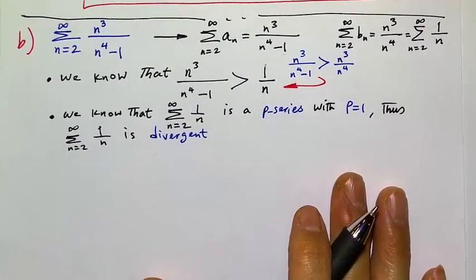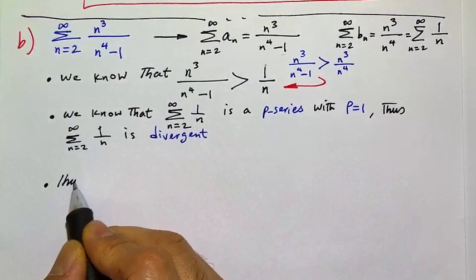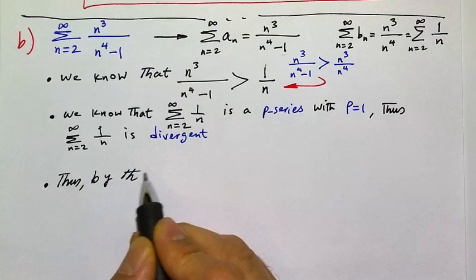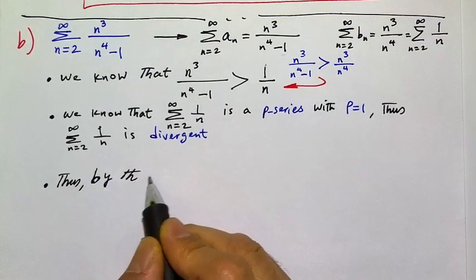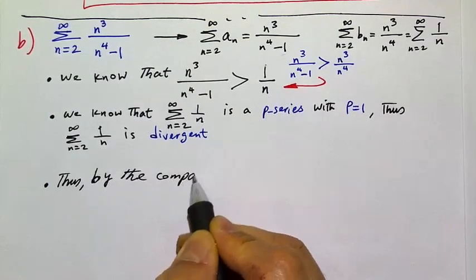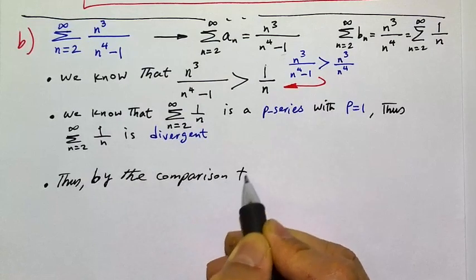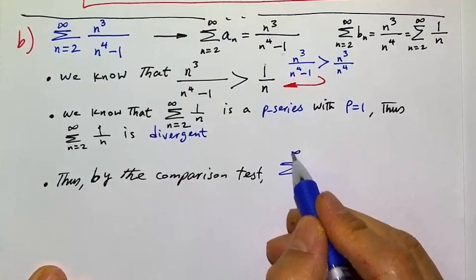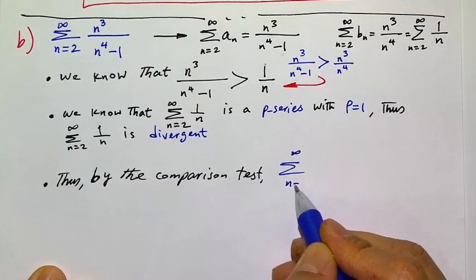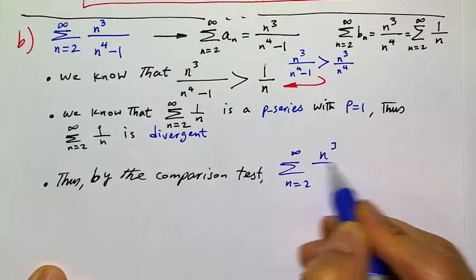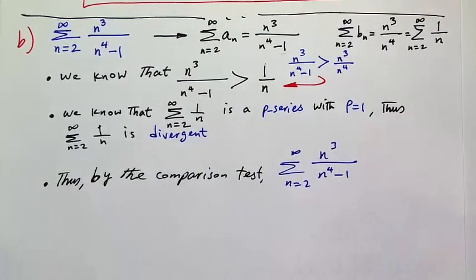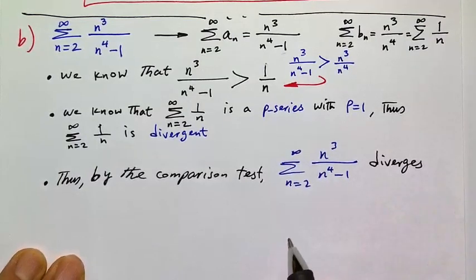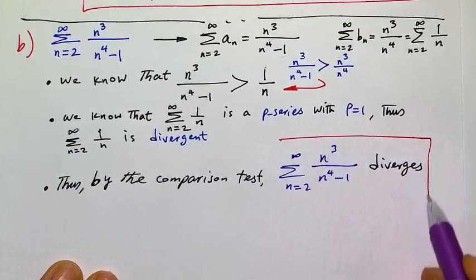Therefore, by the comparison test, this series also is divergent or diverges. Okay, so that's that.